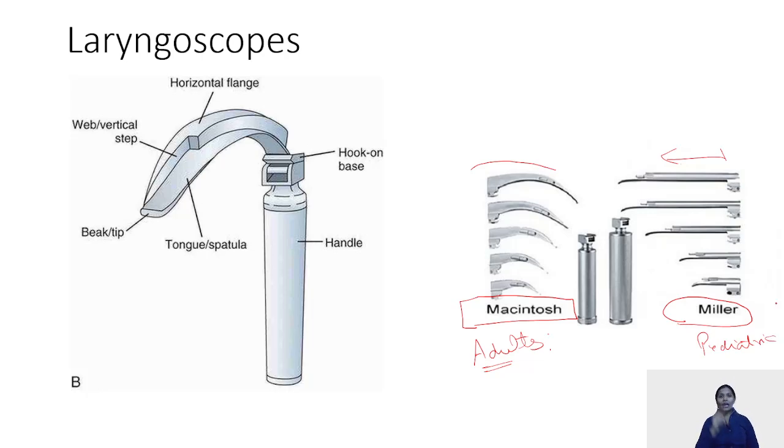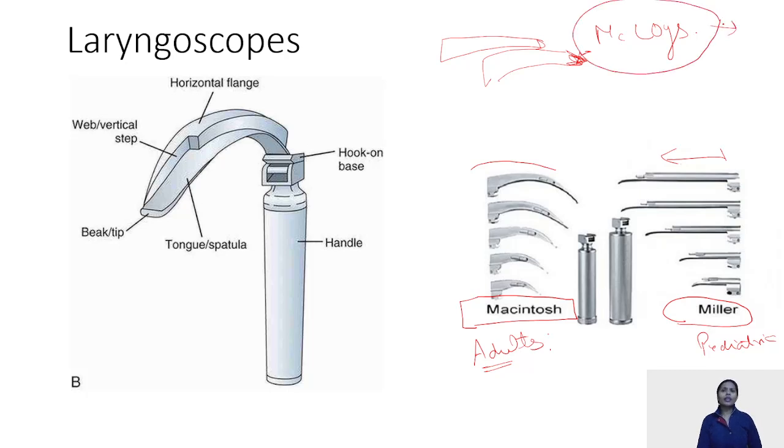There is one more kind of laryngoscope which may be present, in which you have a curved blade only, but you have a lever along with it. You have a lever and the tip of the blade is flexible. You can move the tip of the blade. This is the McCoy, which is generally used in cases of quite big epiglottis, where it is very difficult to lift the epiglottis.